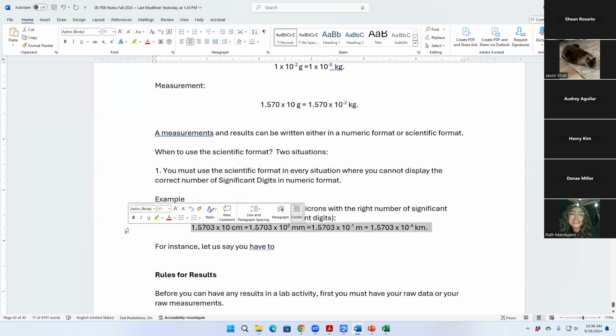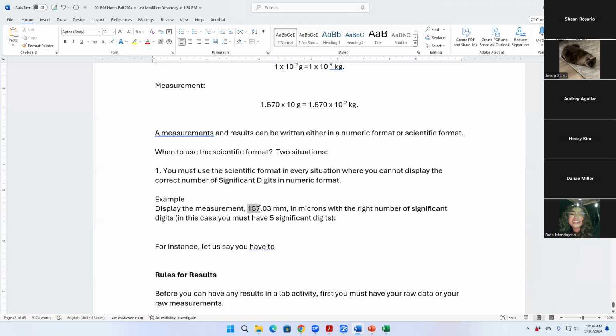So the right way of writing that down, if you were to write that down not in millimeters but in microns, look what happened. To display that in microns, you have to multiply this measurement by 1,000. Like that. It's not millimeters, it is microns.